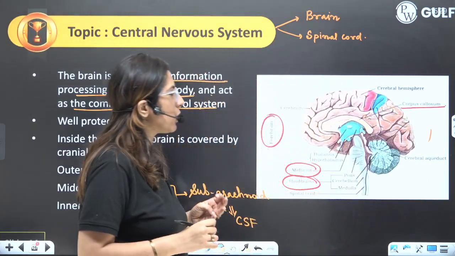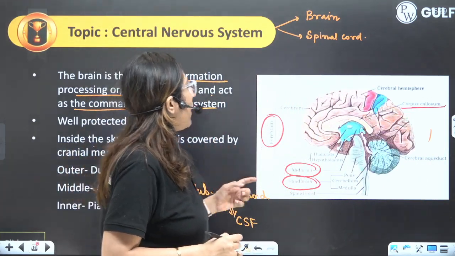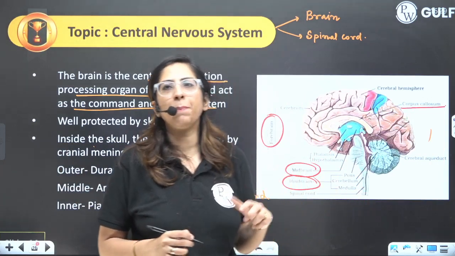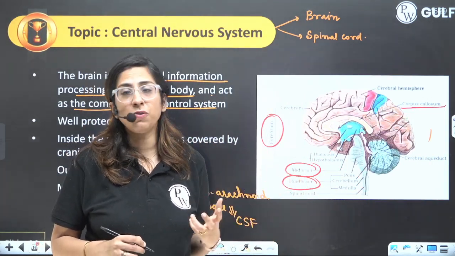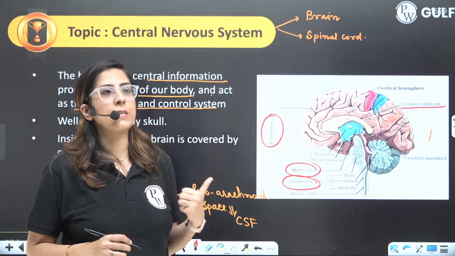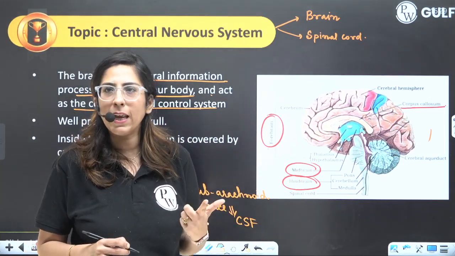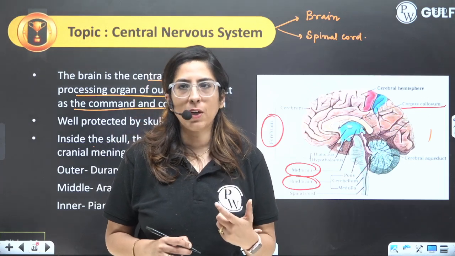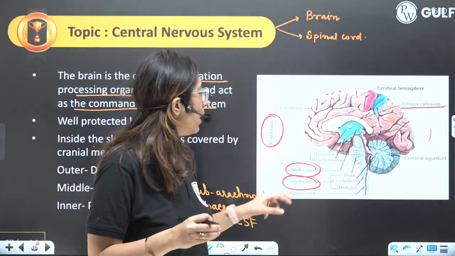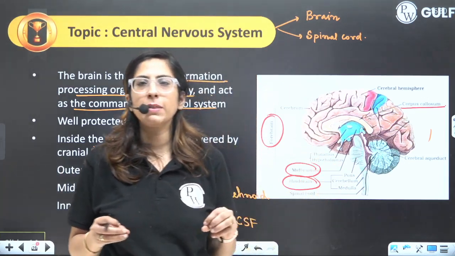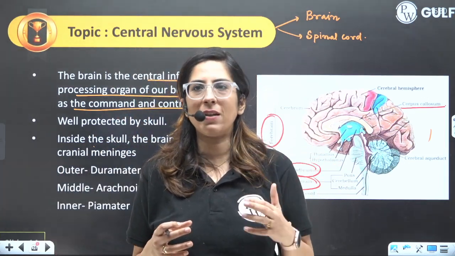This is the one which connects. Now, other parts of the forebrain are your thalamus, epithalamus, hypothalamus. These structures are also present. Other structures are also there, which we will be discussing, such as the amygdala. The optic lobes are also present. So that we will be discussing later on. Thalamus is the relay center of the body.